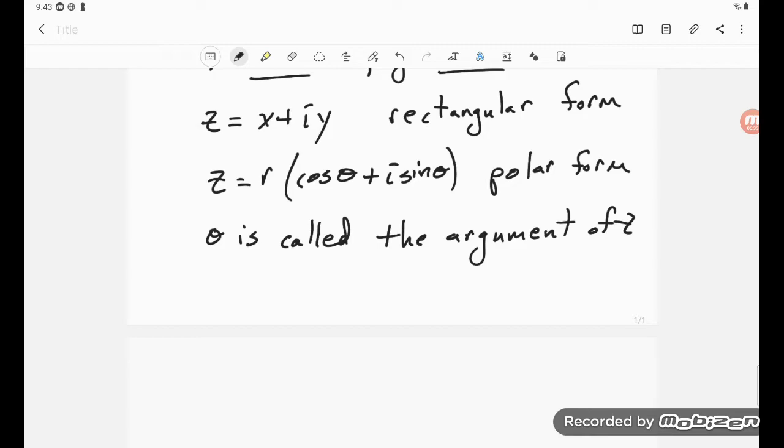Yeah, I don't see that they use any shorter notation. That's kind of long to say, so theta equals arg z.